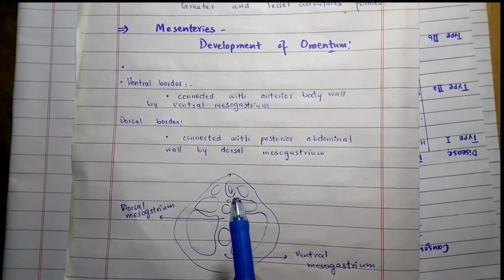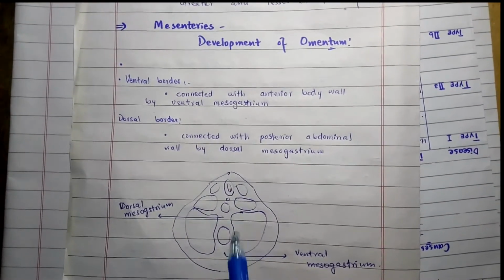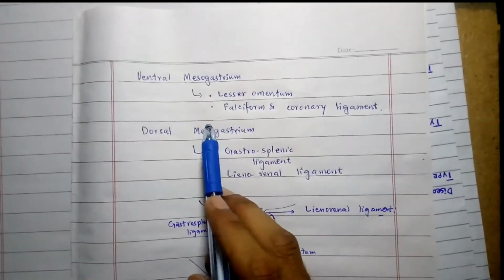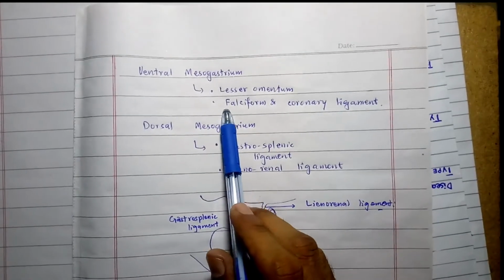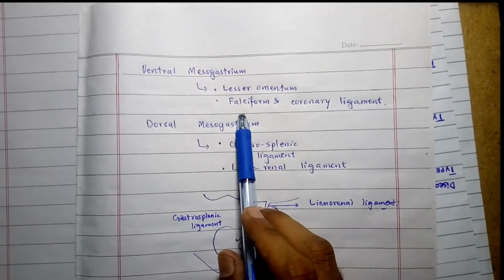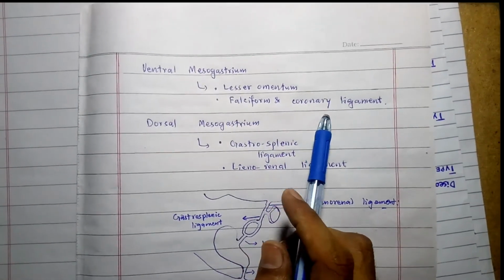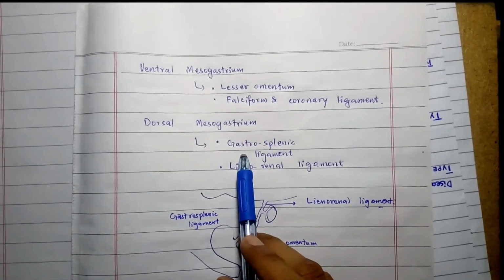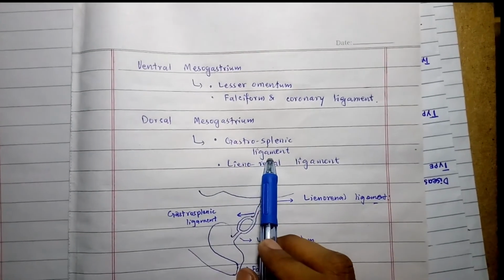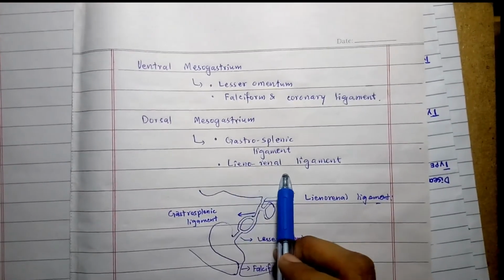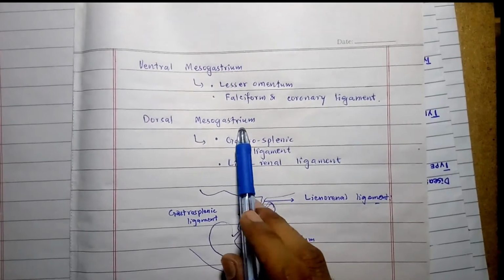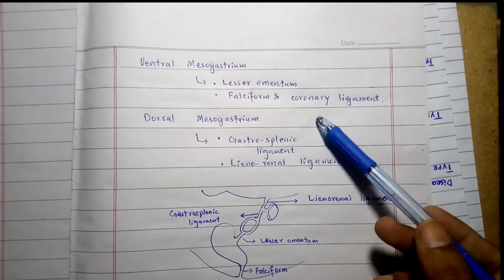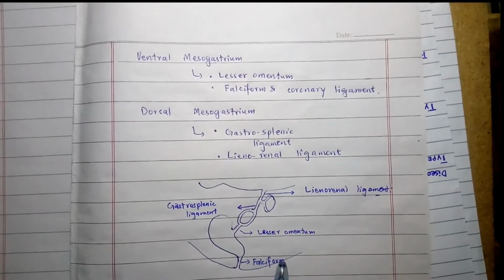The mesenteries, that is the development of the omentum. The ventral mesogastrium divides into the lesser omentum and the falciform and coronary ligaments, while the dorsal mesogastrium divides into the gastrosplenic ligament and the lienorenal ligament. Both mesogastria divide into certain components.